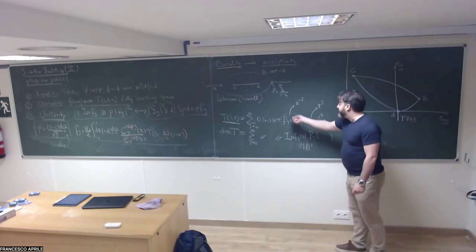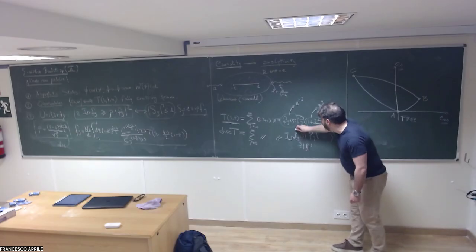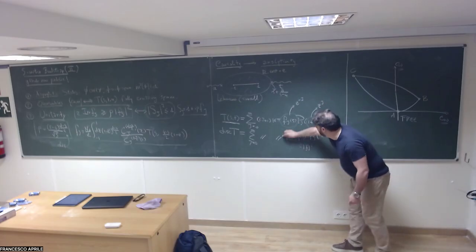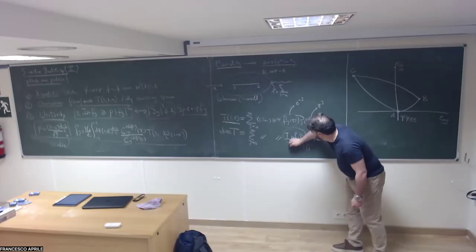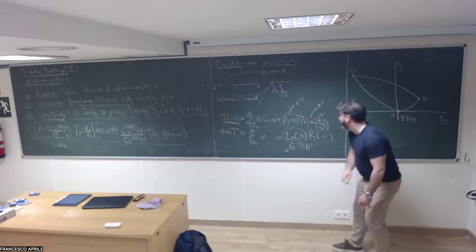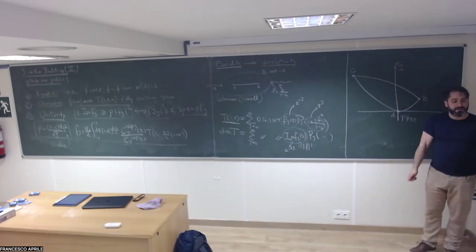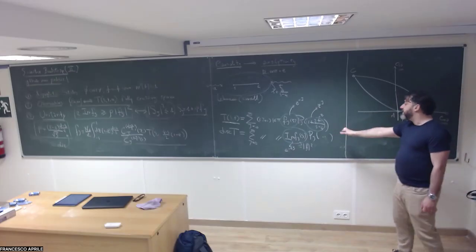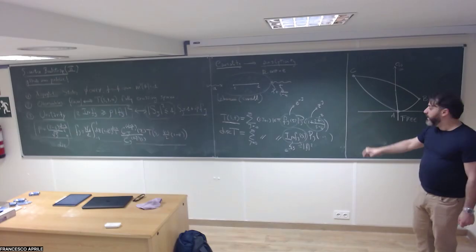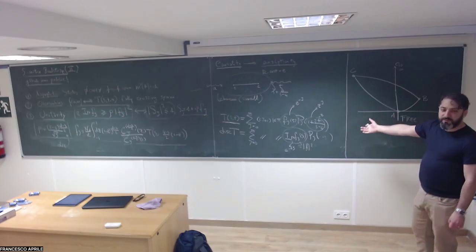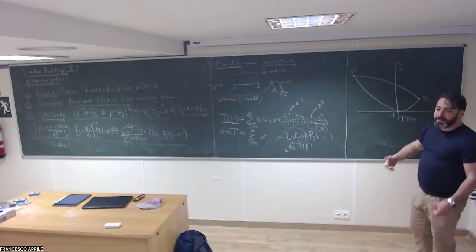Then by unitarity, if this decays like this, then the imaginary part should decay like e to the minus 2j. So this tells you already that the radius of convergence of this sum is larger.